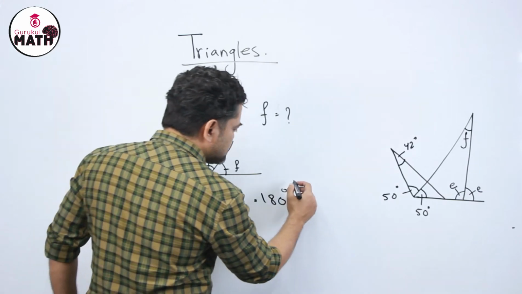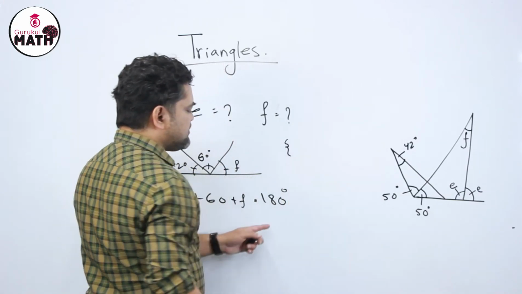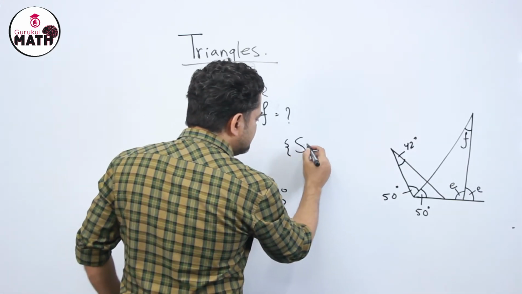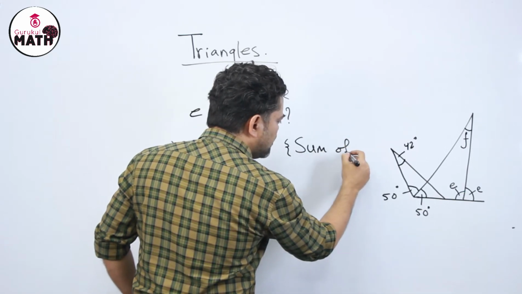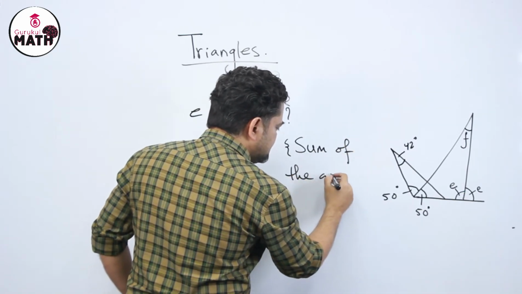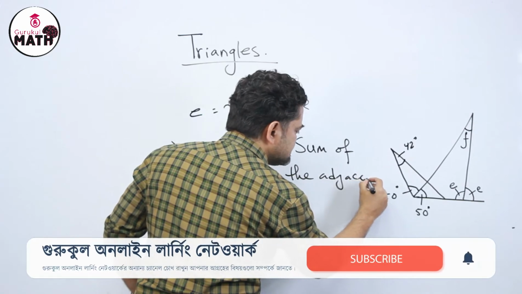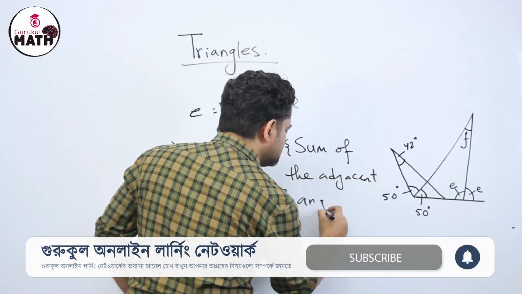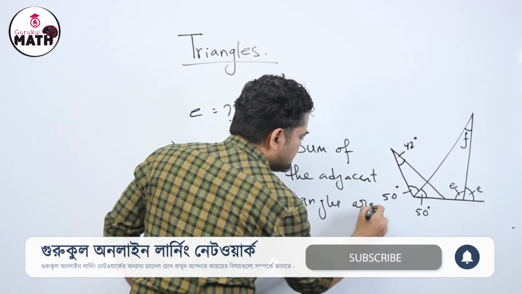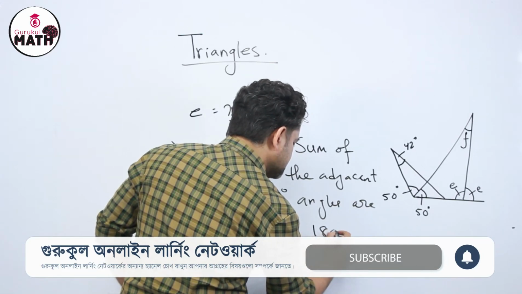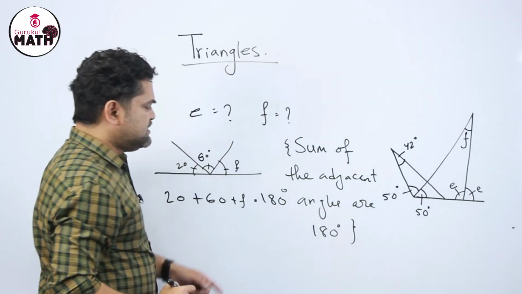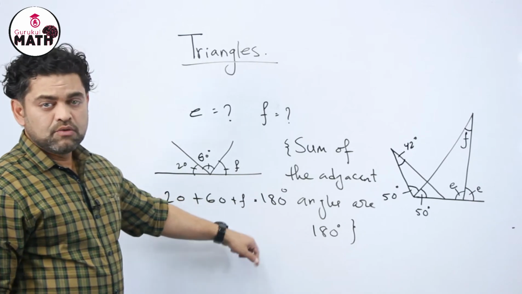If you want to write the logic, I'm writing it a bit up: the sum of the adjacent angles is 180 degree. Okay, the sum of the adjacent angles is 180 degree.